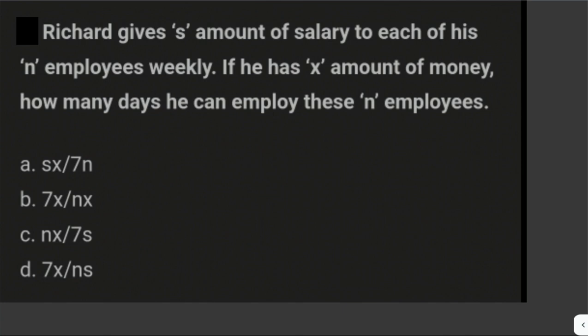So in this problem, we are given that each of the N employees here earns S amount of salary weekly. So that means that one employee earns S salary weekly. So that means Richard has N times S amount of money to employ N employees for a week.